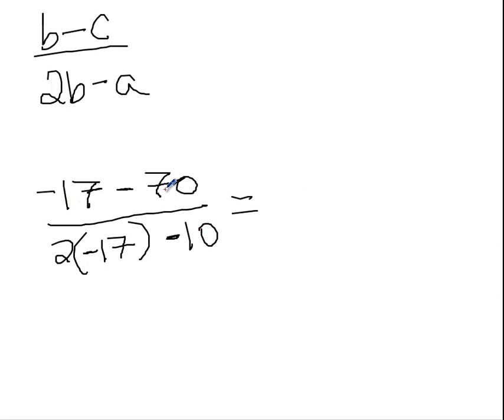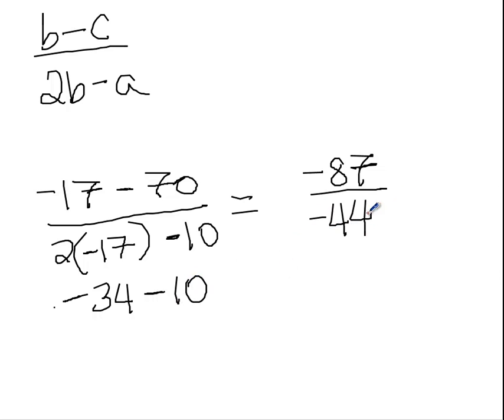When you have a negative 17 minus 70, you will have to add them. When you're adding two negatives, your answer will come out negative. So in this case, this will be negative 87. Down here, 2 times negative 17 is negative 34 minus 10. Once again, you're going to add these. You're going to get negative 44. A negative over a negative will give you a positive answer.